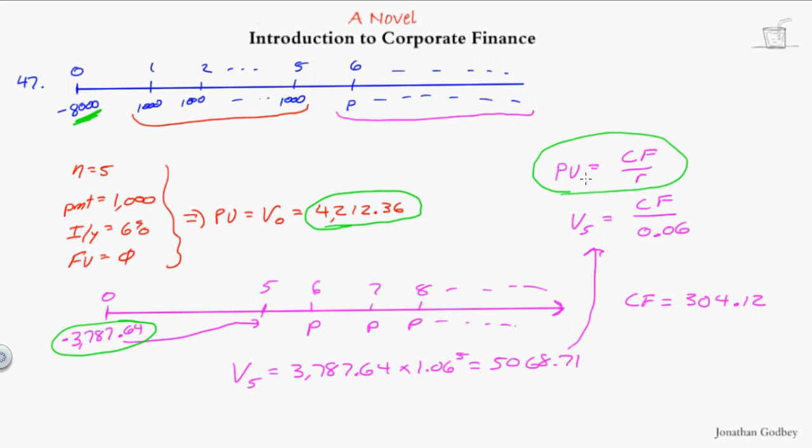So if they start in year 6, because present value means the value one period before the payments start, that means the value in year 5 is equal to the cash flows that begin in year 6, like they do in my problem, divided by the interest rate. So if I know the cash flow in year 5, this is just an algebra problem. Well, I know the value today. If I'm willing to pay $3,700 today to get cash that starts in year 6, I'm willing to pay $5,000 in year 5 because it's chapter 2 problem, present value times 1 plus R to the T. So that's it for 47.